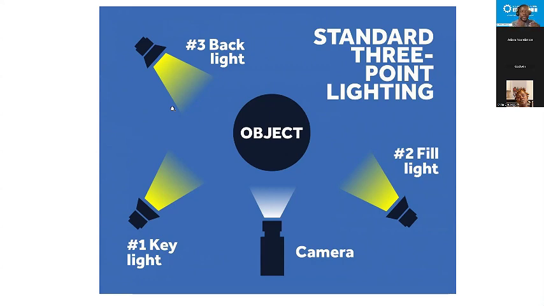Well, because it's the key. Then the second light that helps to reduce shadows that form on your face is your fill light. Then the additional light that you put at the back to light your subjects from behind is called the backlight.